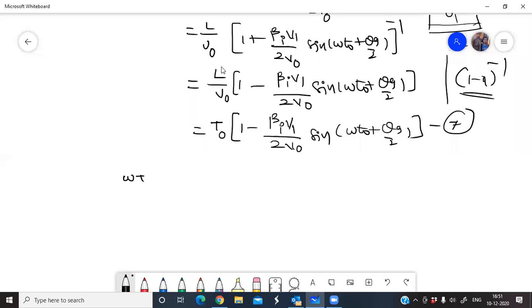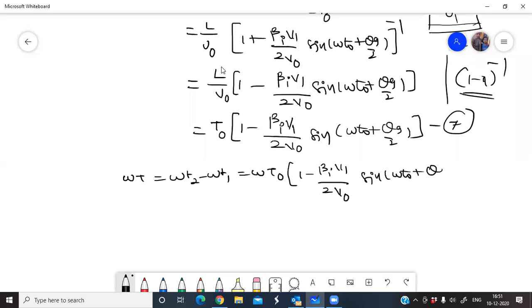So omega t is equal to omega t2 minus omega t1. I want to write it in terms of radians; then only you will get the clarity. That is equal to omega t naught into 1 minus beta I v1 by 2 v naught into sine omega t naught plus theta g by 2.